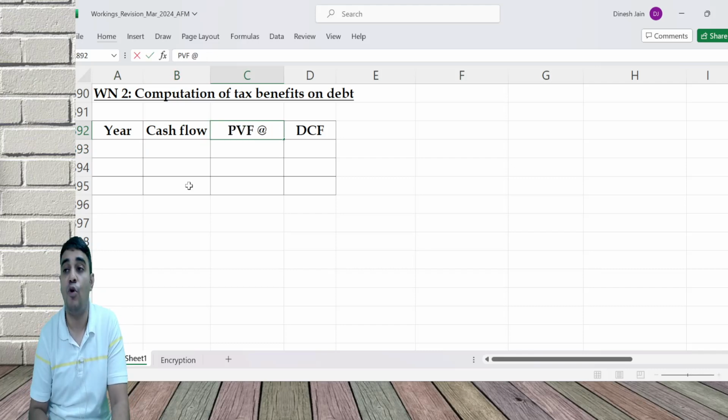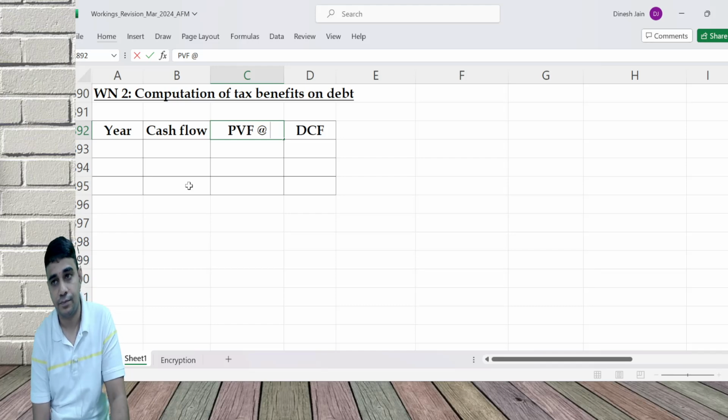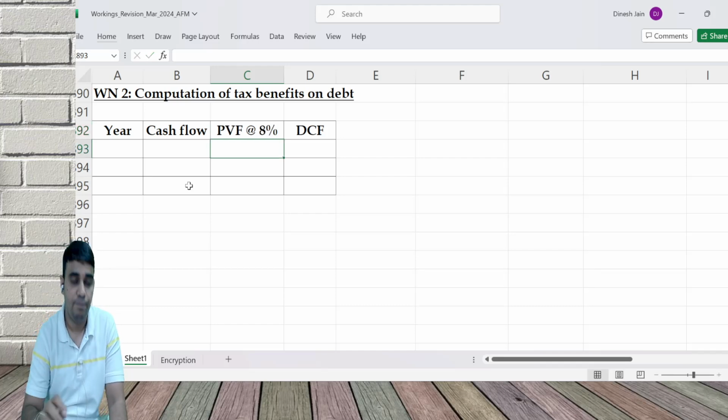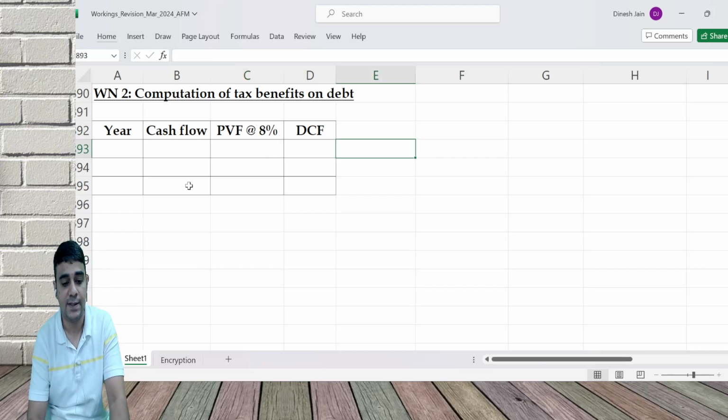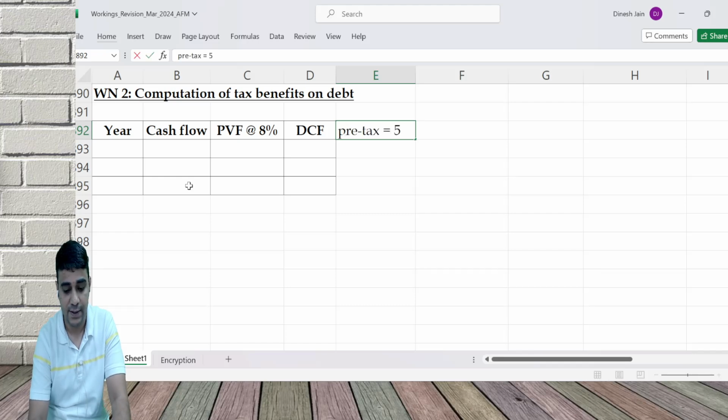Question has given post-tax cost of debt. Please convert that into pre-tax cost of debt. PVF at 8%, 5.6. Pre-tax is equal to 5.6 divided by 1 minus 0.3, 8%.